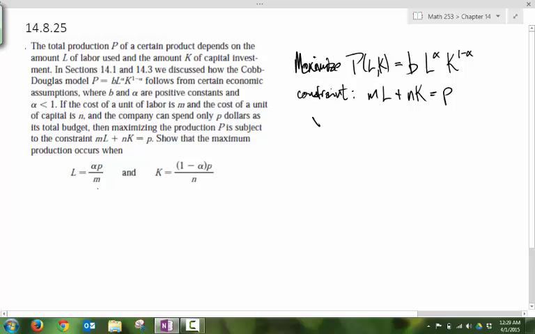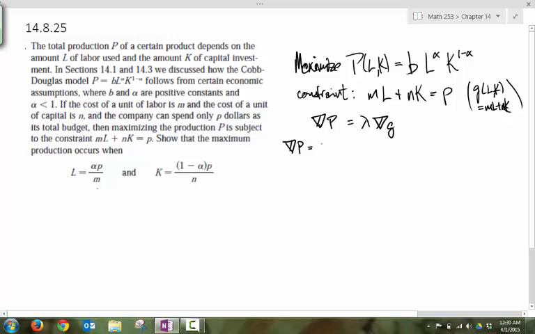And so we introduce our multiplier lambda when we find the gradients of P and the gradient of G, where G is a function of L and K as well, and it's equal to ML plus NK. So let's take our gradient here, piece by piece.